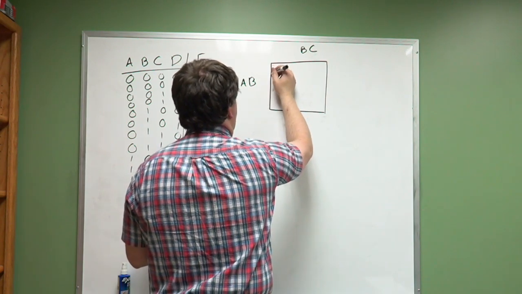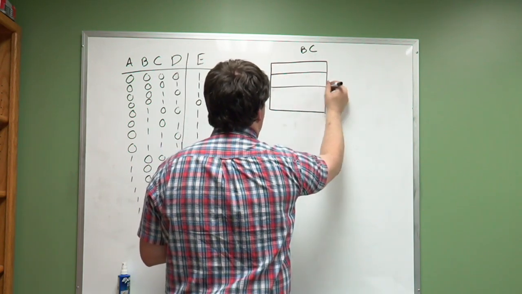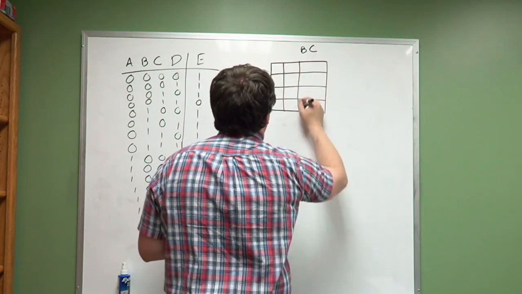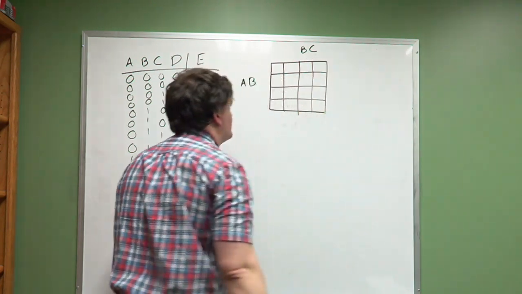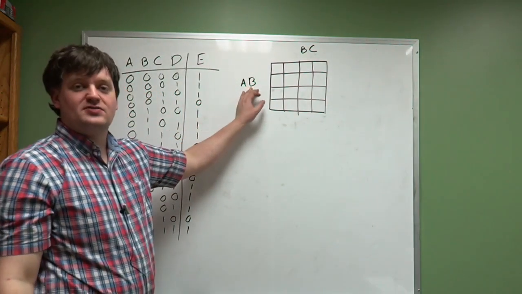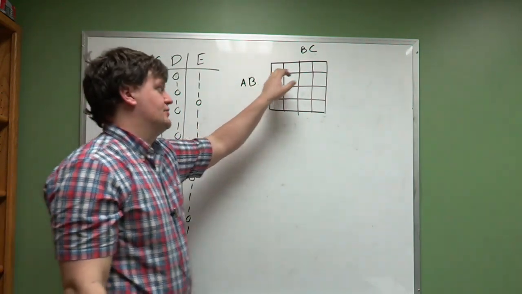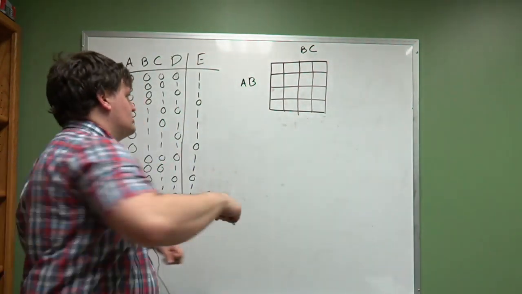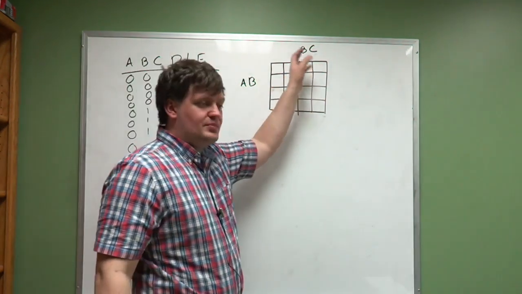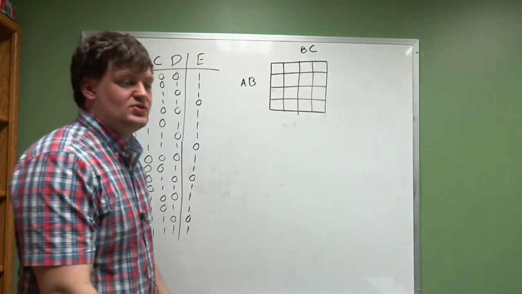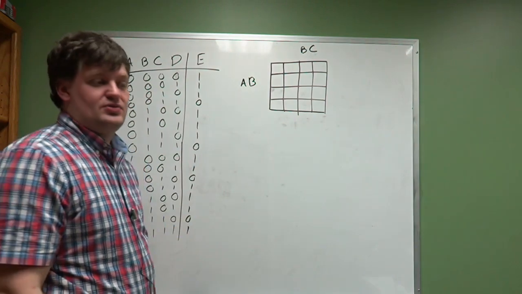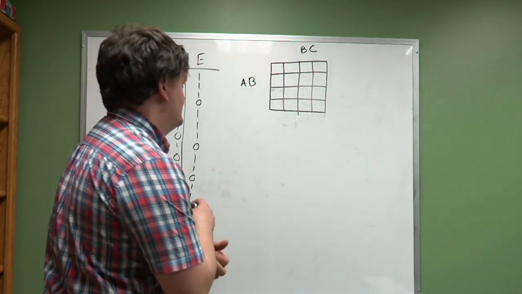The Karnaugh map is going to have 4 columns and 4 rows because we have 4 possible values out of AB, and 4 possible values out of CD. Okay? If we had to include 3 values here, we would have 8 possible values. We'd have to make the table twice as big that way.